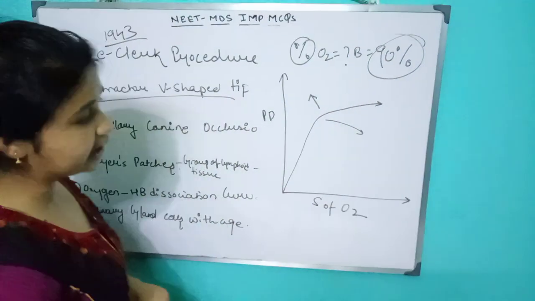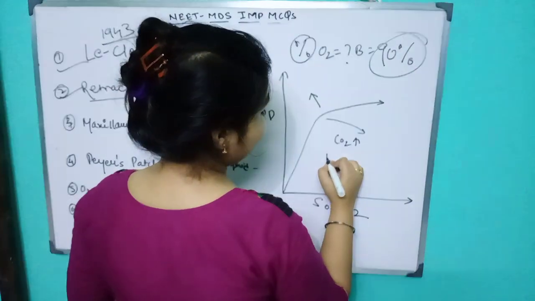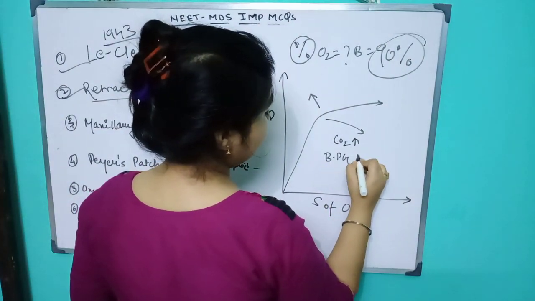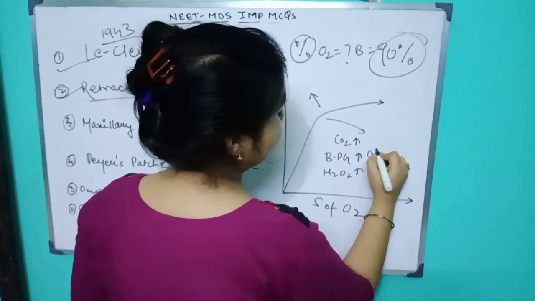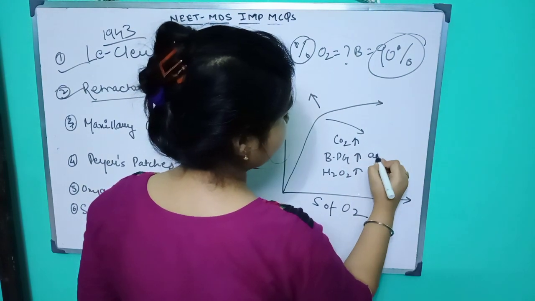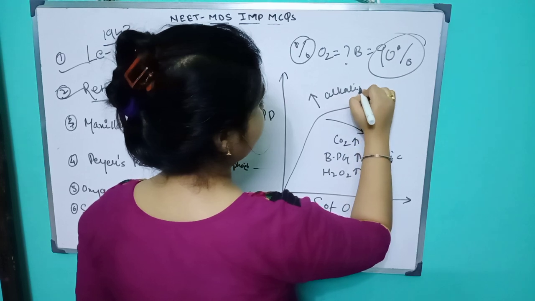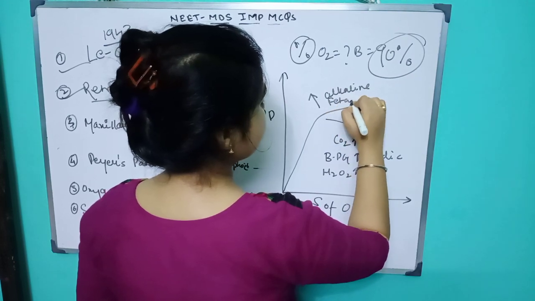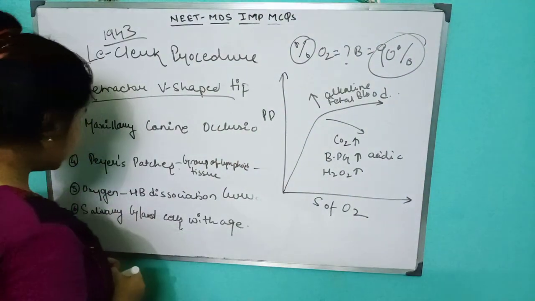I will write down all the conditions over here: CO2 increases, biphosphate group increases, H2O2 increases, and acidic. Sorry, acidic. And this is alkaline, fetal blood. Okay, this is the thing.